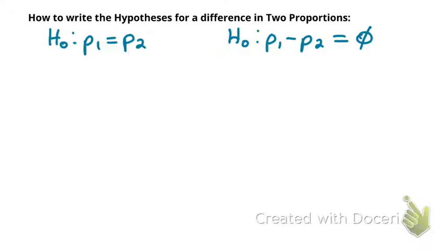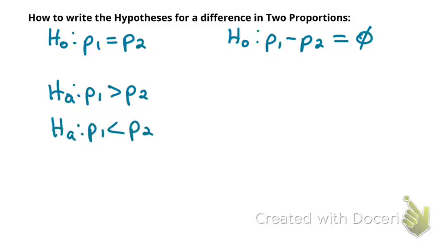For your alternative, it depends on what you're thinking. Do you think that P1 is greater than P2? This is your alternative. Do you think that P1 is less than P2? Or do you think that P1, what's the third option? Not equal to. Perfect. Not equal to P2. Now, that's one way that these might look.